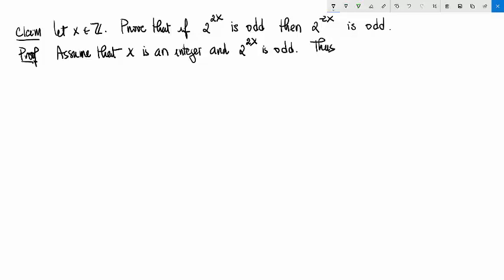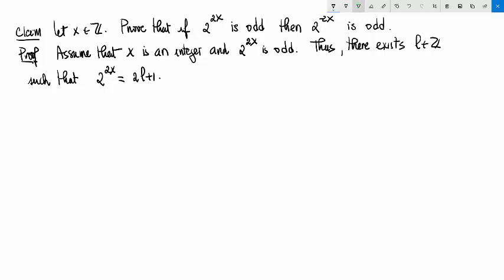So thus there exists some integer L such that 2 power 2x is equal to 2L plus 1.